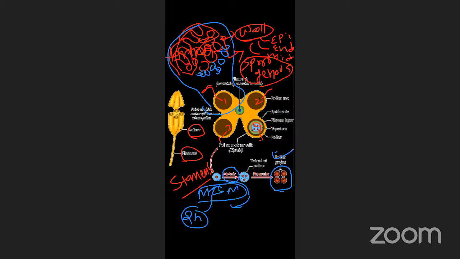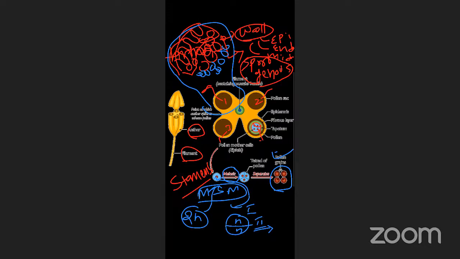This is successive type. The 2n cell divided into two haploid nuclei. After that, immediately septa are formed. So this is the first division. Next, the second division.